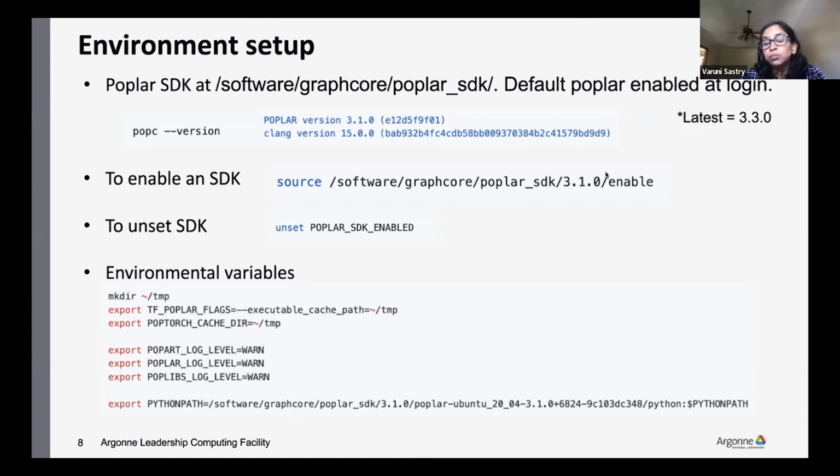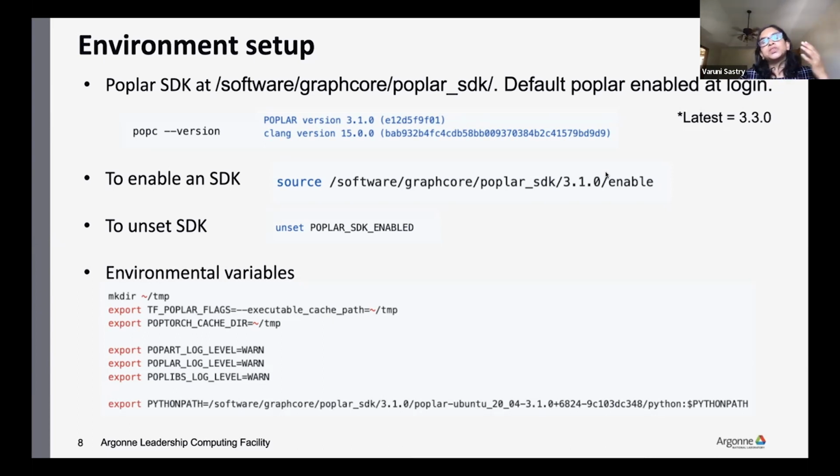An important step is how to set up the environment variables. Before you start any of your runs, I suggest that you set all these environment variables. They help you set these flags and also the cache directory.